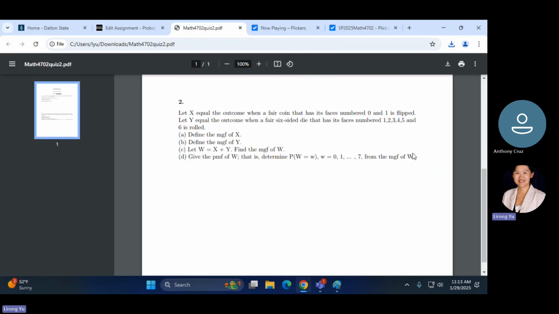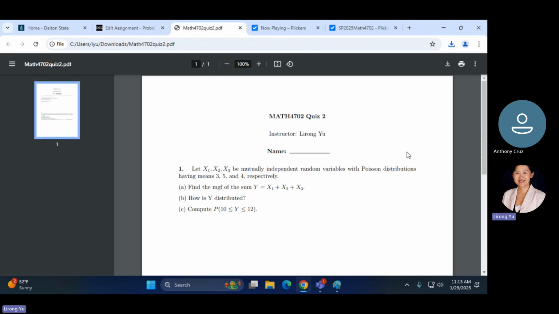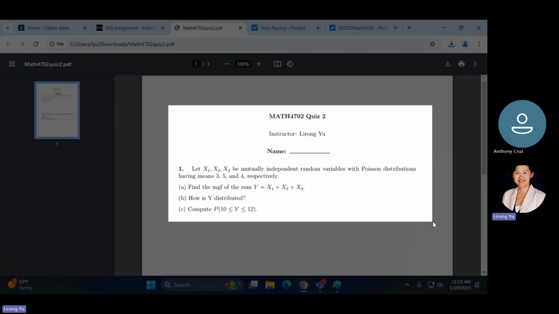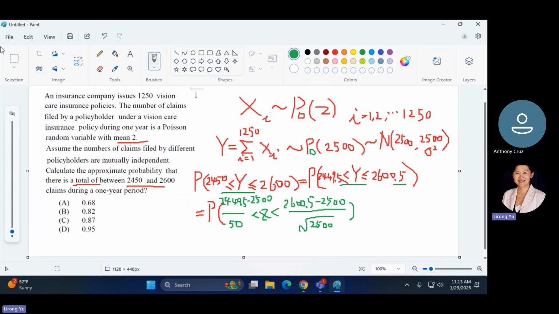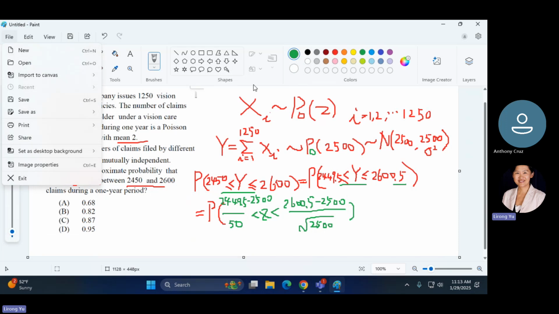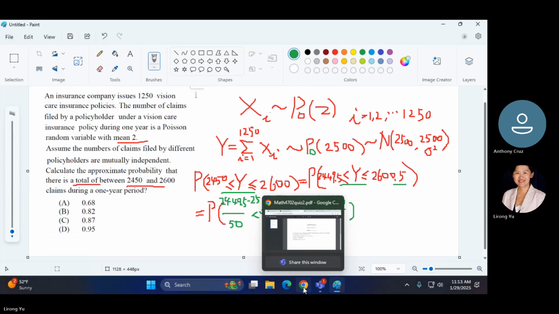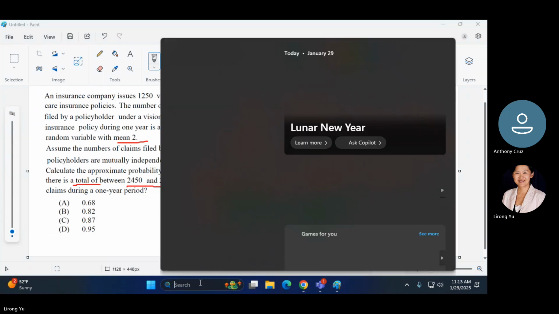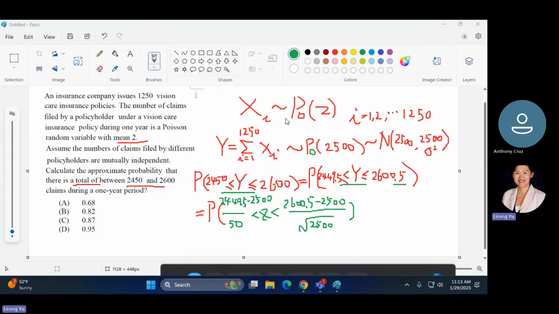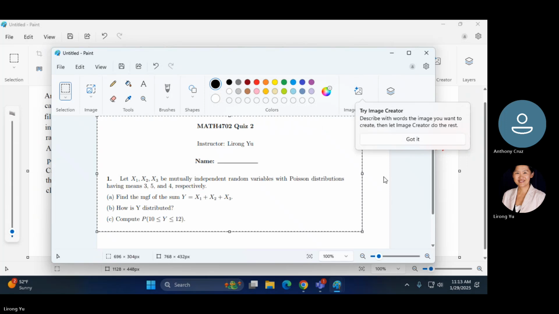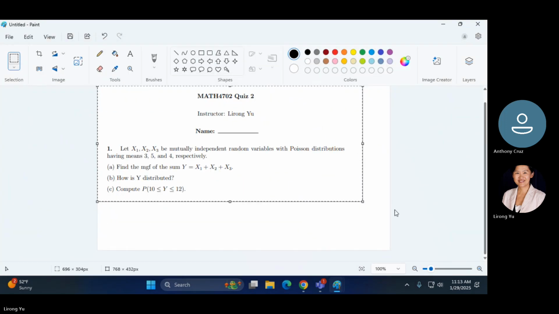So let me try to make sure both parts of the question can be in the same screen, so it can be a bit larger than this. That's the first question.